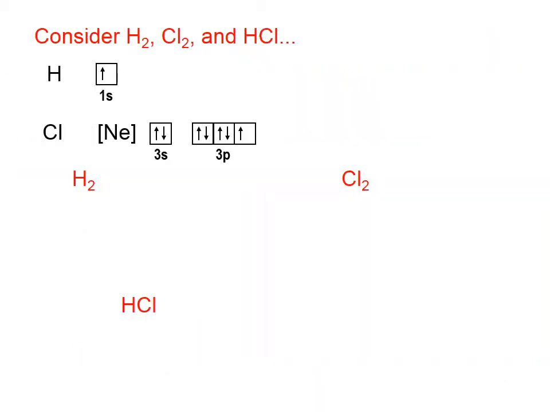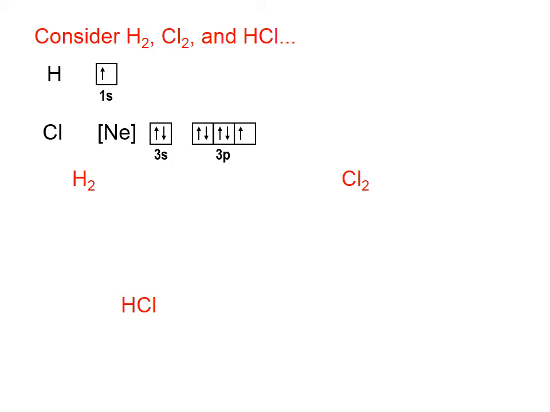I'm going to start by drawing out the orbital diagram for hydrogen and at least the end of it for chlorine. And you can see that for each of these atoms, they have one orbital that has only a single electron.